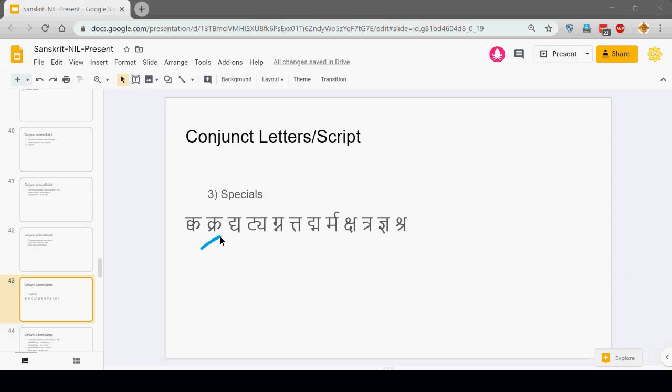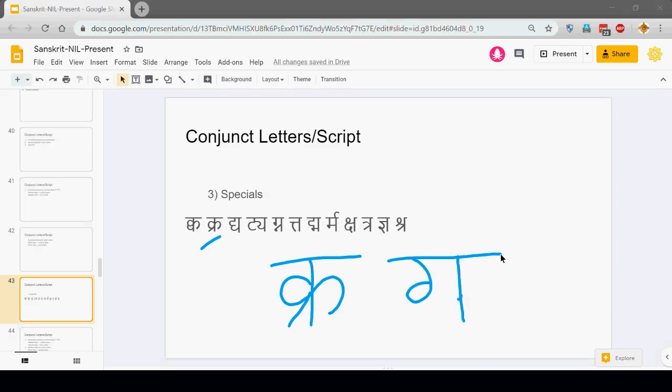Then the kra. This type of writing is not only true for kra, but for any consonant combination with ra, where the ra sound comes later. So first some other consonant is there, then the ra comes later. For example, gra. The ga is the first part, and then there is a ra, which is written like this.